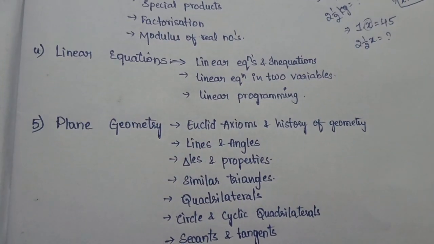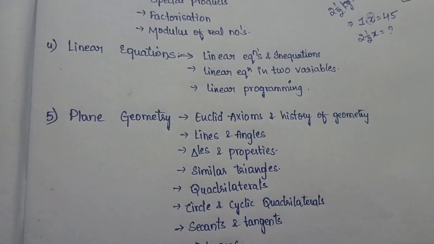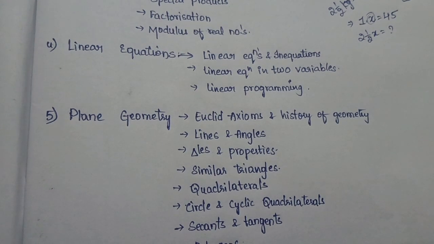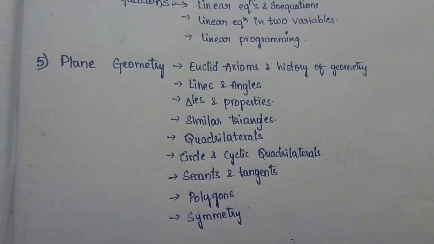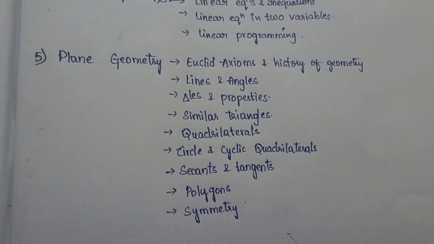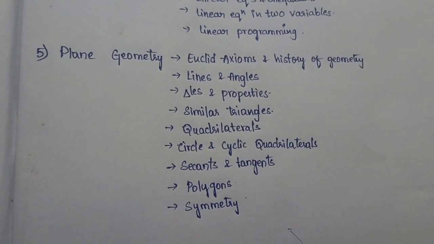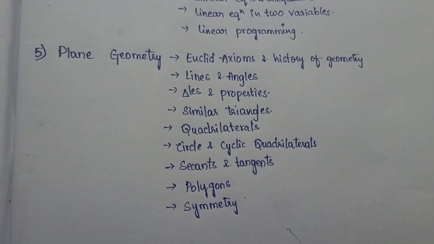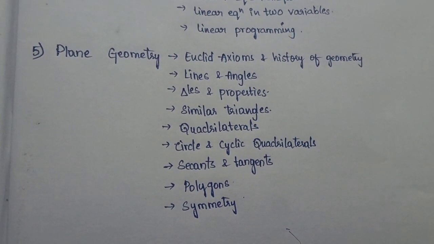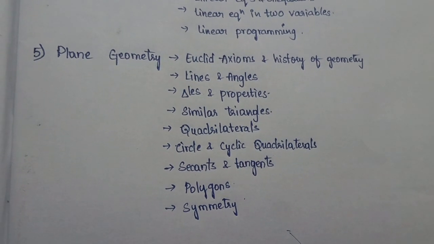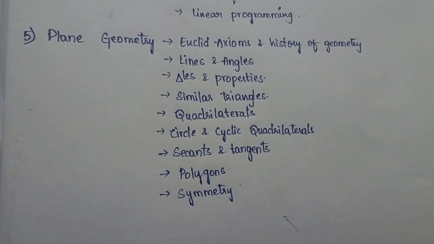Then we go for linear equations and inequations. Linear equations in two variables and linear programming are the subtopics of linear equations. Then we go for plane geometry: Euclid's axioms and the history of geometry. We need to learn about the history of these topics too, because we don't know from where we are going to get questions in the exams.